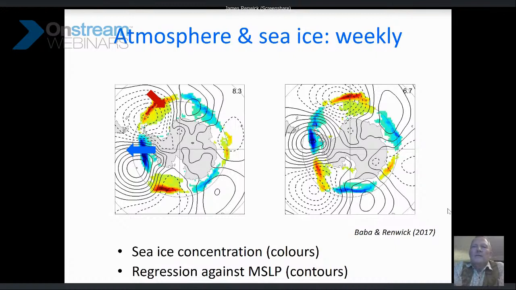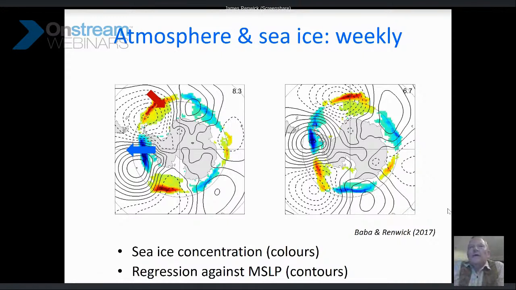So what we see here is on a daily to weekly timescale, the location of the highs and lows really dominates where the ice is growing or decaying. And what you see on this plot is what's known as a zonal wave number 3. So there's 3 high pressure regions and 3 low pressure regions, and these 2 plots go together.